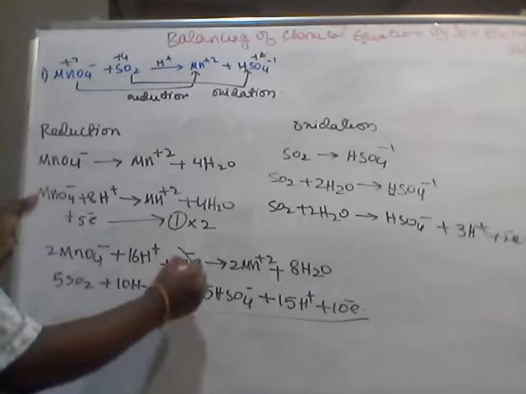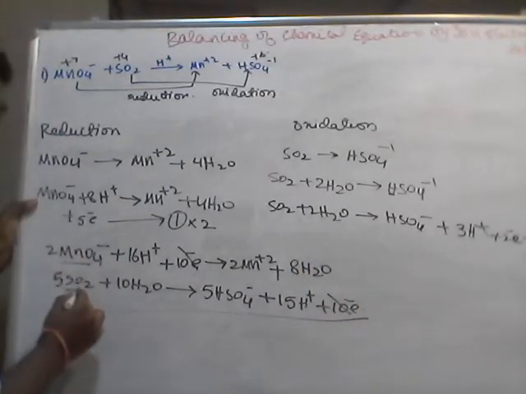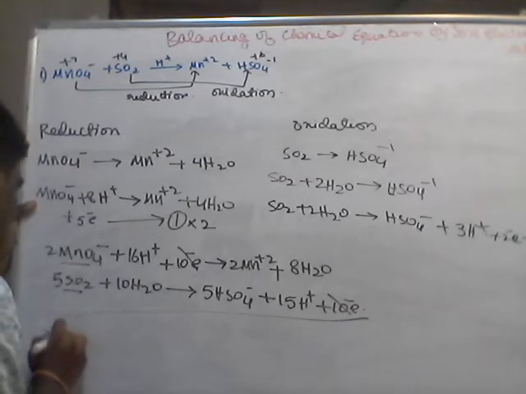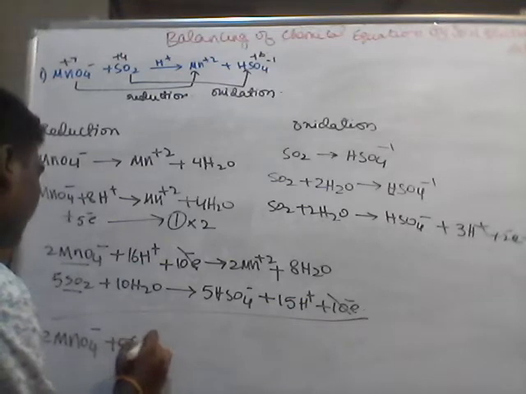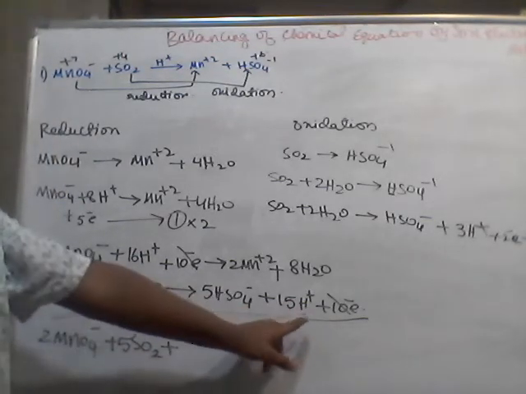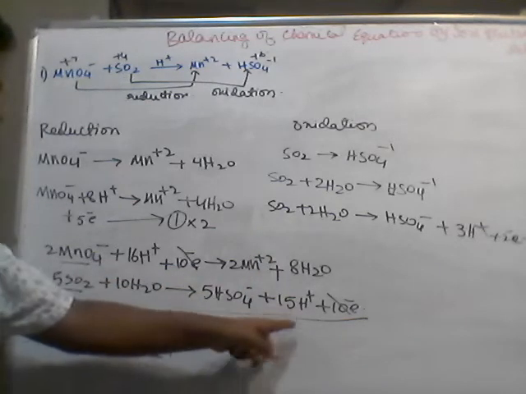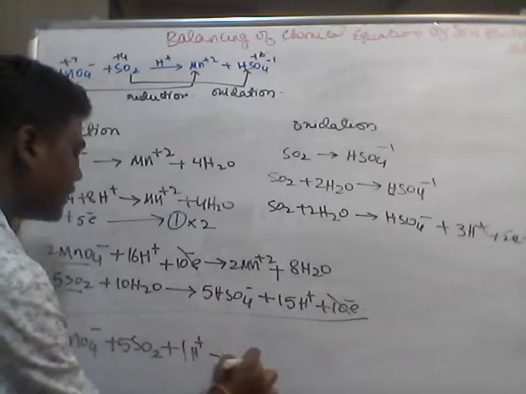Now here the 10 and 10 electrons cancelled. On the reactant side we have 2MnO4 minus and 5SO2, with 16H plus here and 15H plus on the product side. One is lacking on this side, so on this side you add 1H plus.